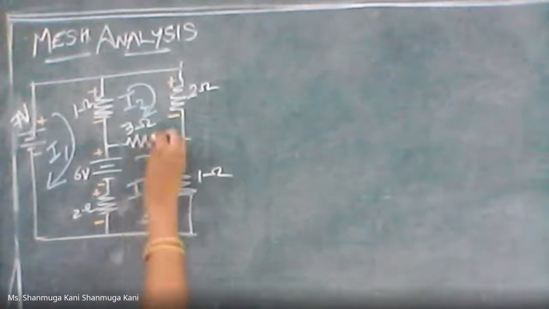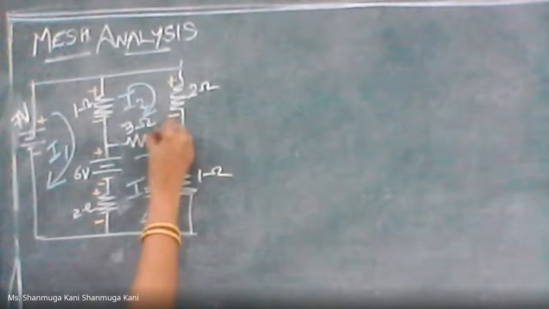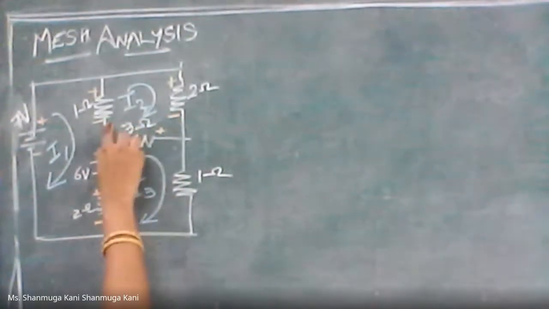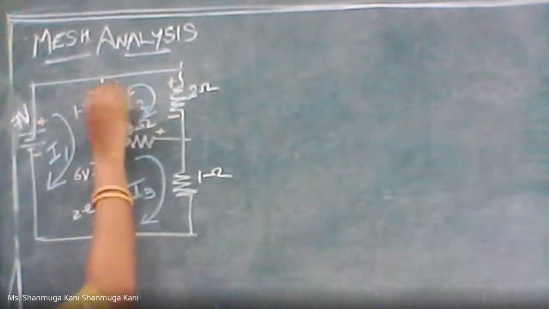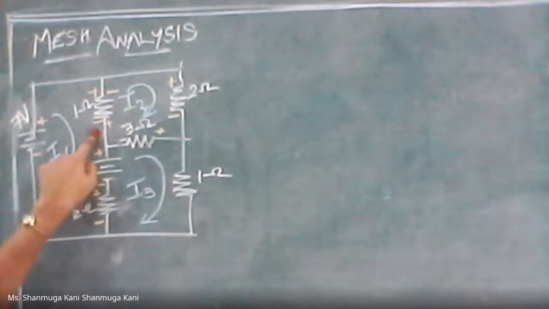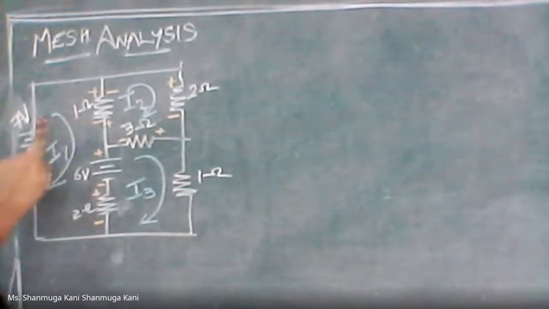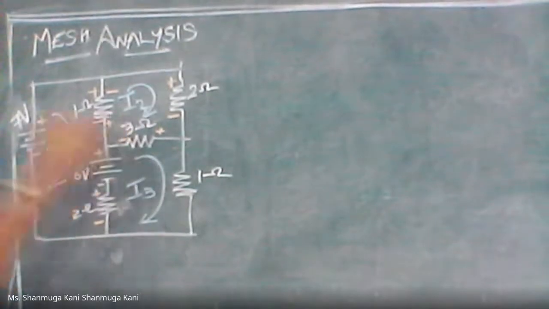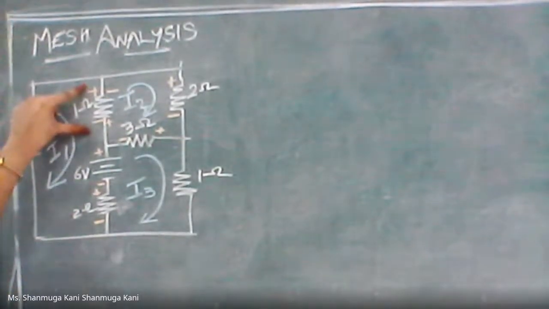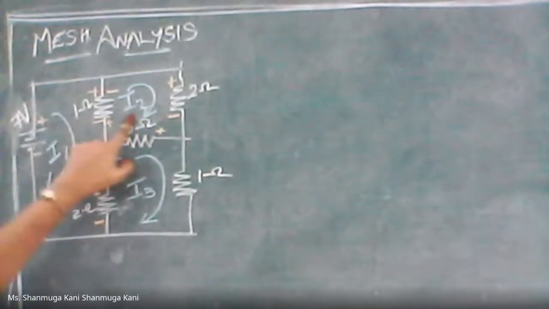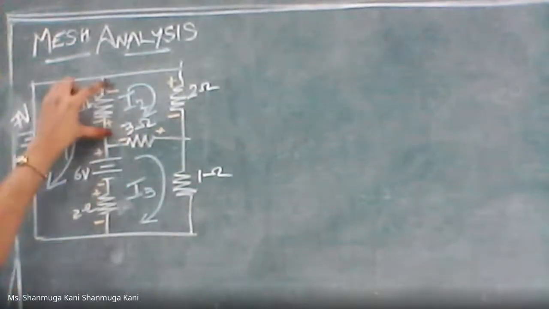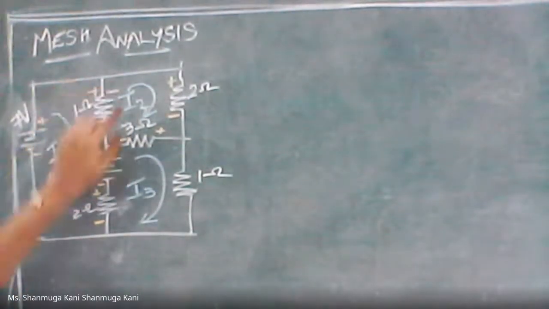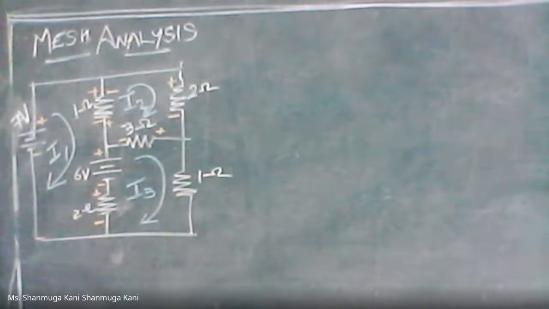For the 3 ohm resistor, entering plus, leaving minus. For the 1 ohm resistor, entering plus, leaving minus. This 1 ohm is common to loop 1 as well as loop 2, so when we write the equation for loop 2, we have to consider this sign in the loop direction.